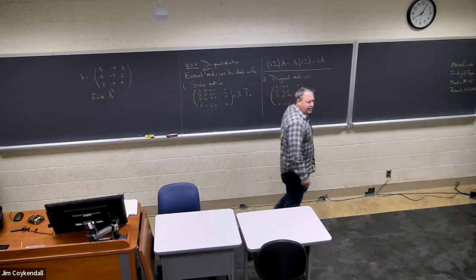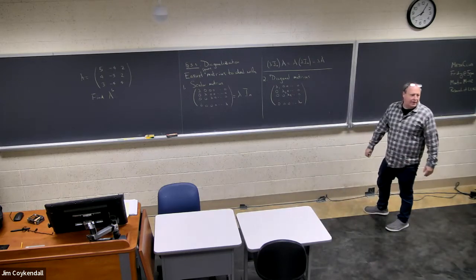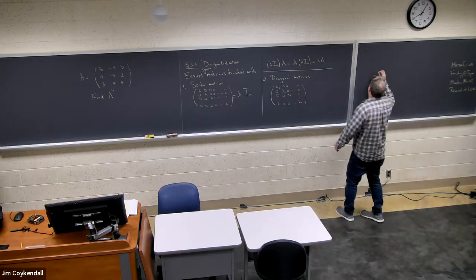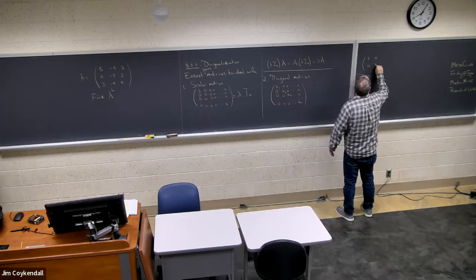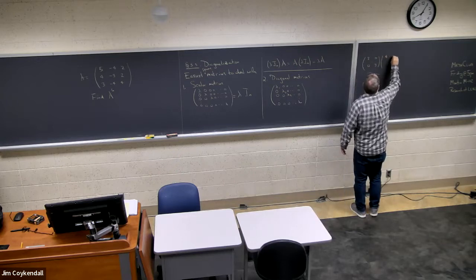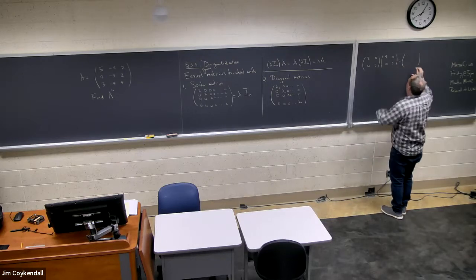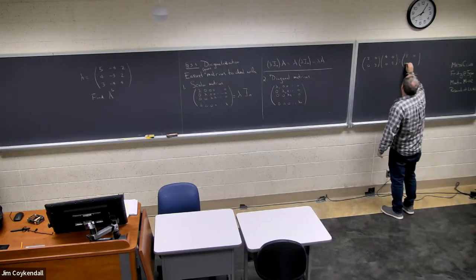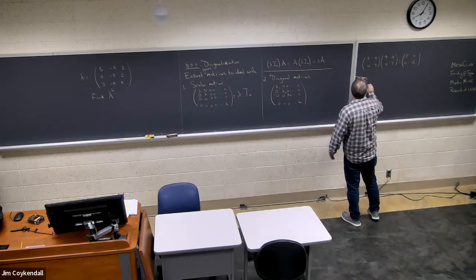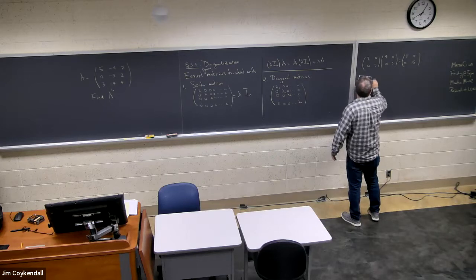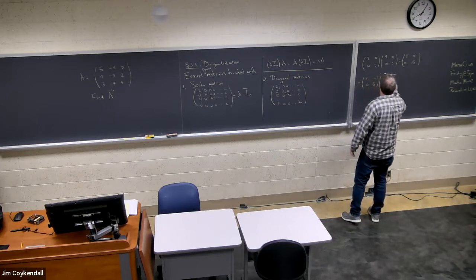However, they perform nicely. Let me point out that if you multiply two diagonal matrices, order doesn't matter. So if you have, let's say, [2, 0; 0, 3] times [4, 0; 0, 5], this matrix multiplied out is [8, 0; 0, 15]. And this is the same thing as [4, 0; 0, 5] times [2, 0; 0, 3].